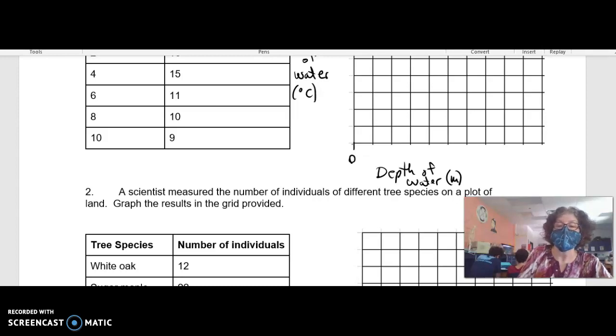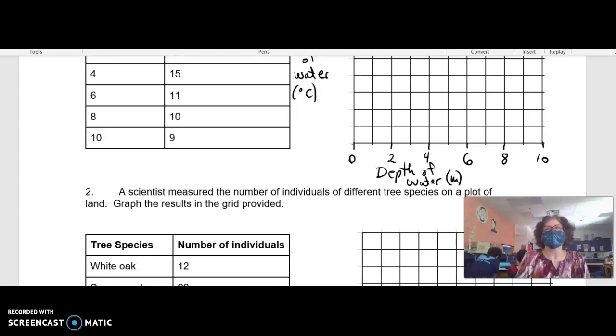So I'm just going to go by this. 2, 4, 6, 8, and 10. That's a pretty easy scale to make because it's already evenly spaced, and all you have to do is just write it out. Every 2 boxes is the same distance. There's 2 between this interval, 0 and 2. There's 2 between the next interval, 2 and 4. 4 and 6 is evenly spaced, okay? So there's the x-axis done.